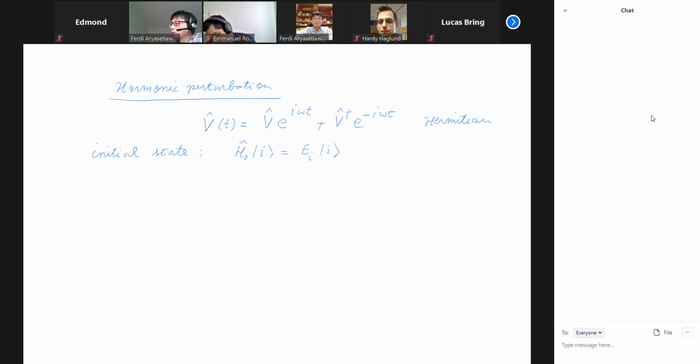You can imagine that the system is, let's say, in the ground state, and then you apply this time-dependent field. You want to know the probability of finding the system in the higher energy states, so you have transitions from the initial state, the ground state, to the higher excited states. These are typical problems in physics that you want to study.